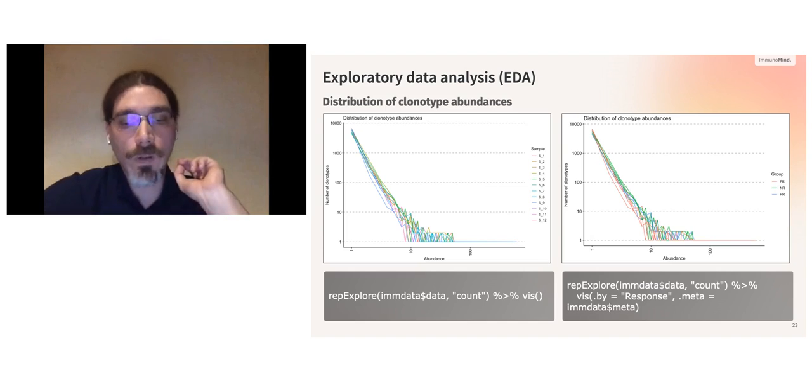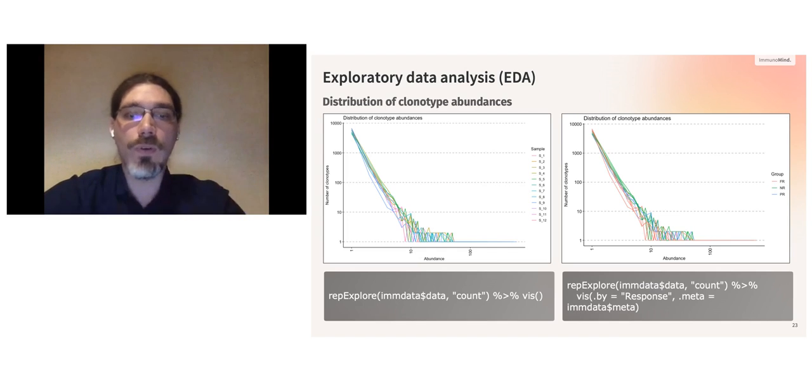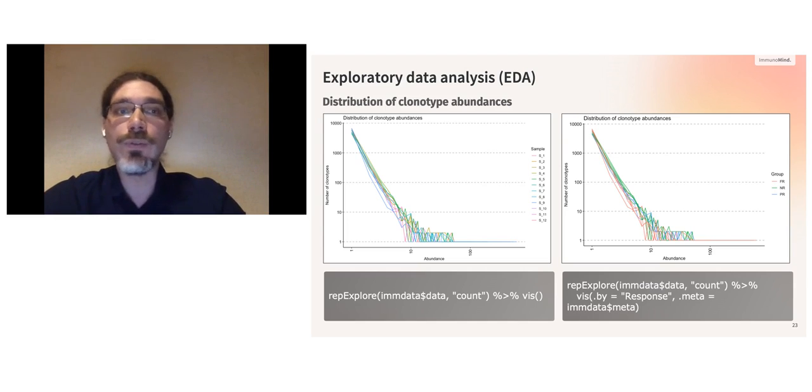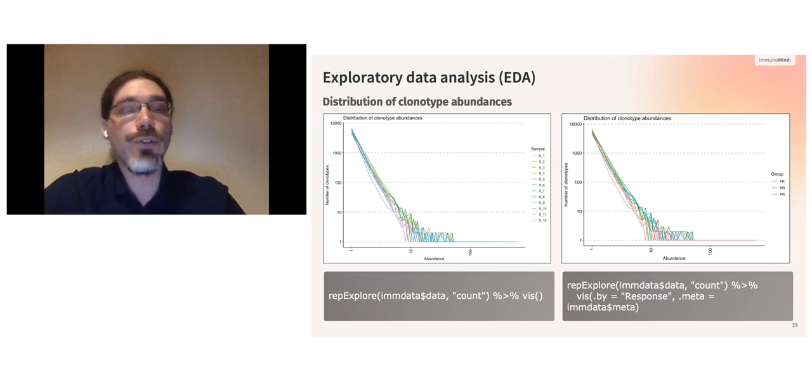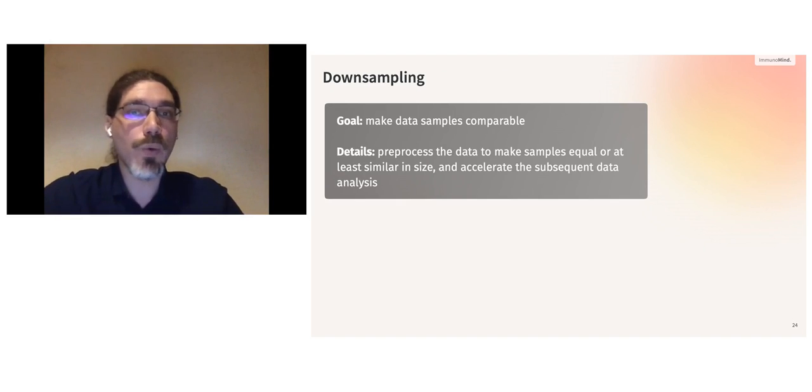And again, what's important to remember here is that these functions are just a rough estimation of much more precise methods, and they need to give you a quick overview of your data, to understand whether everything is okay or there are some anomalies. This exploratory data analysis is what you need to do in the first place after you upload your data into Immunarch. And after you do an exploratory data analysis, you can go with downsampling.